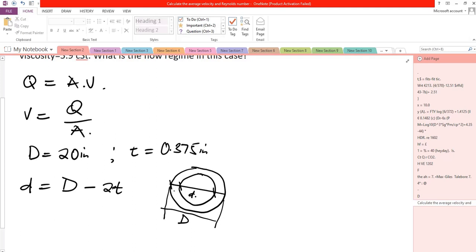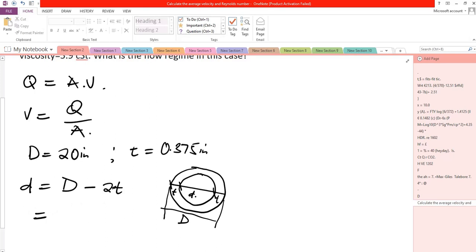Then here is the thickness. To get the outer diameter, it is small d plus the thickness on both sides, which is 2t. So small d will be equal to the outer diameter minus 2t.